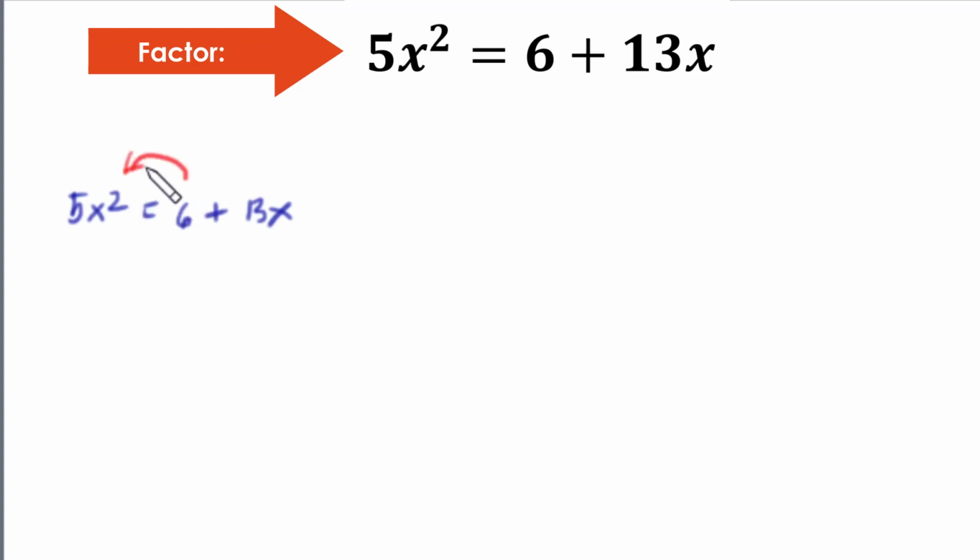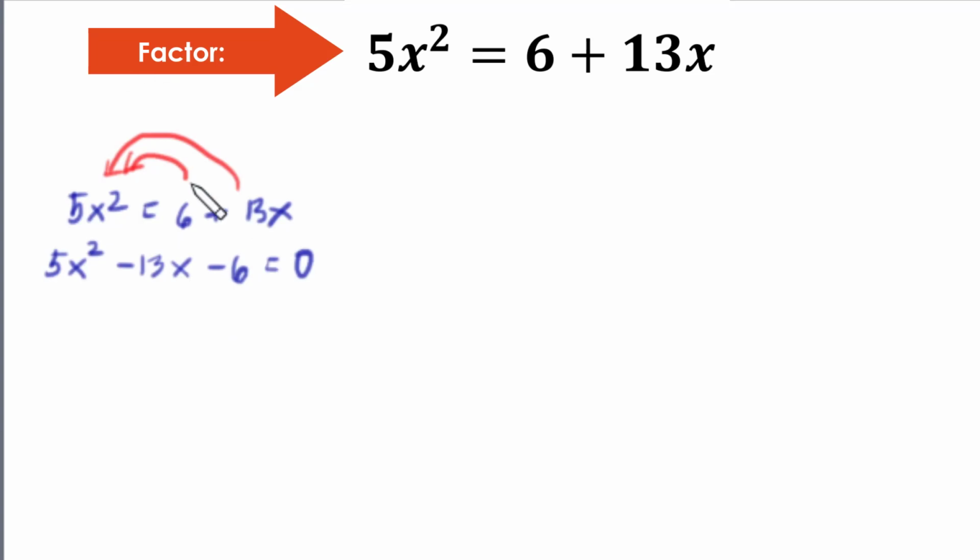So transpose 6 and transpose positive 13x. So it will become 5x squared minus 13x minus 6 equals 0. You just simply interchange the sign when we transpose.